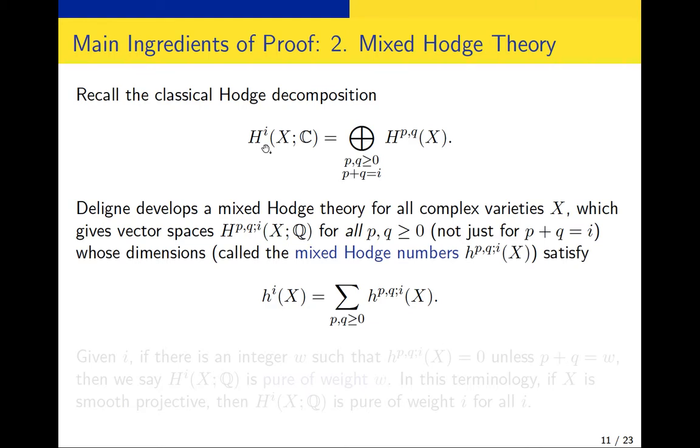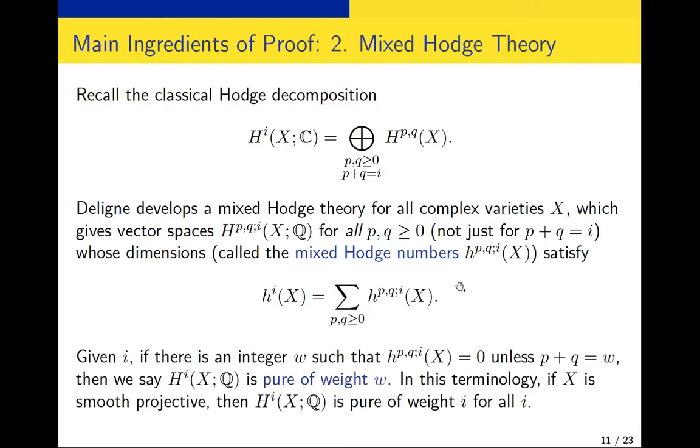But for our purpose today, all we need to know is that at least the dimensions can be thought of as a decomposition, in the sense that the dimensions add up, and we no longer have the constraint p plus q equals i. So we are really decomposing H^i in terms of these for all possible choices of p and q.